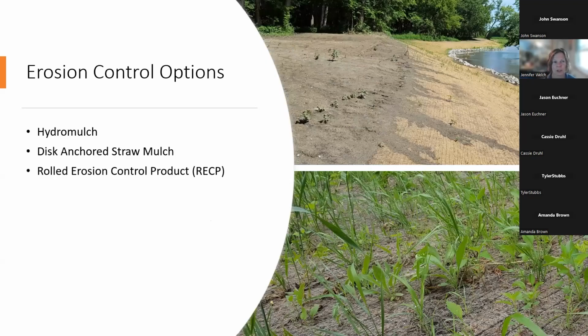I mentioned erosion control options. I find that we're talking about seeding ponds. Ponds often have banks, and so it's really more important than other places to look at what our erosion control option is. Hydro mulch would be one. That's the spray on blue, green looking stuff that can help anchor things.